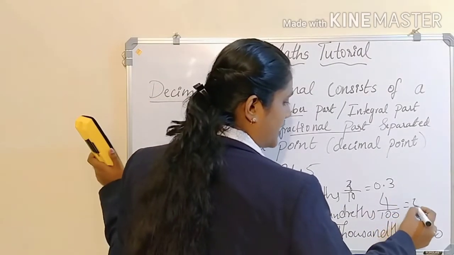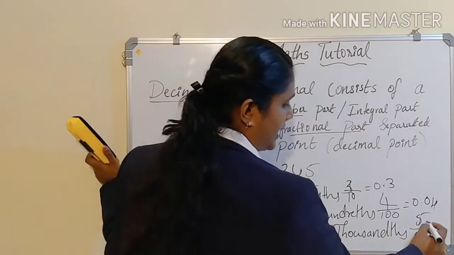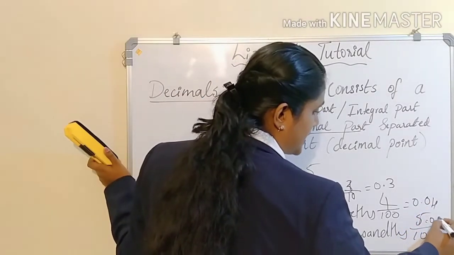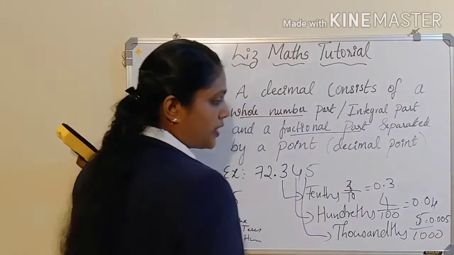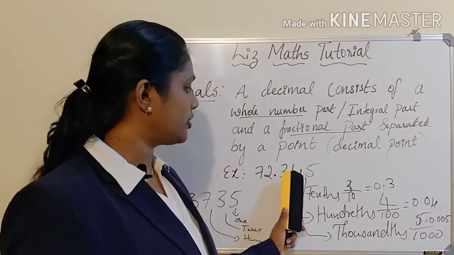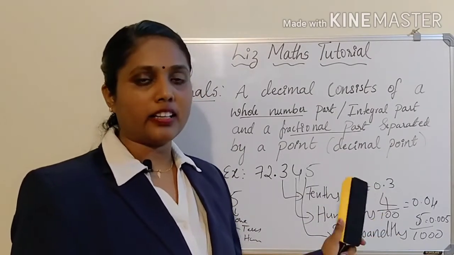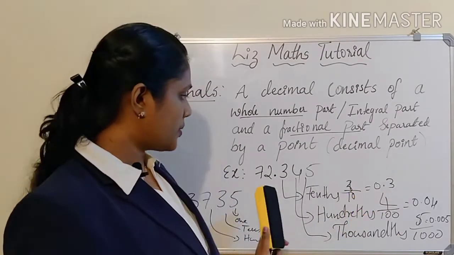I'll tell you how you can get this. Here 0.04, and here 0.005 will come. When we add all of these, we get 0.345. I will explain how to add and subtract everything later.